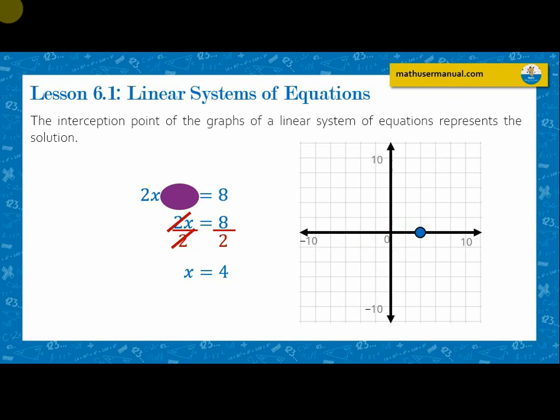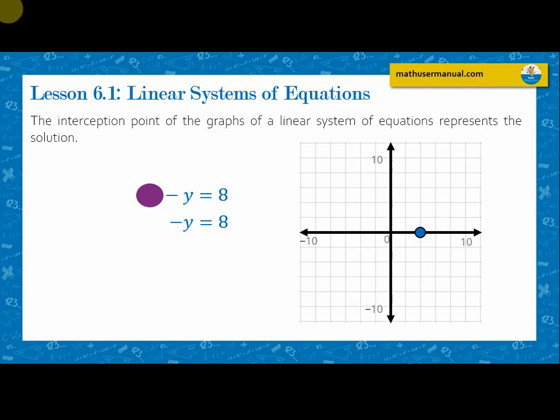Now that we finish with the x, we have to bring back the y, and we repeat the process, but now we pretend that the x is 0. So if the x is 0, this part is gone, leaving us with just minus y equals 8. And to solve for y here, we just have to move that negative to the other side. We can do it either by dividing by -1 or multiplying by -1.